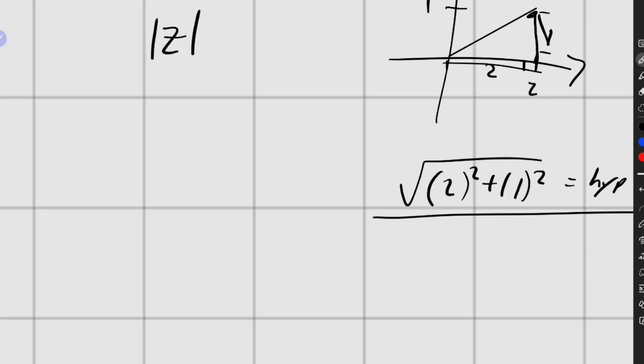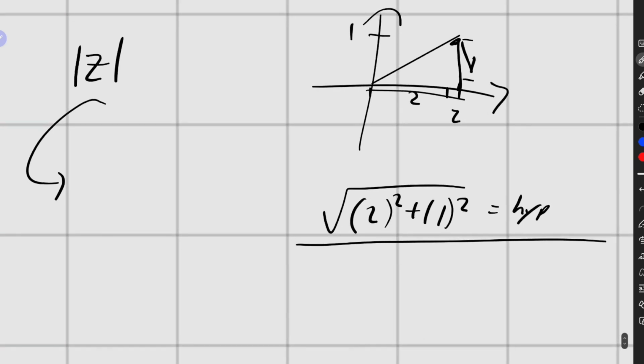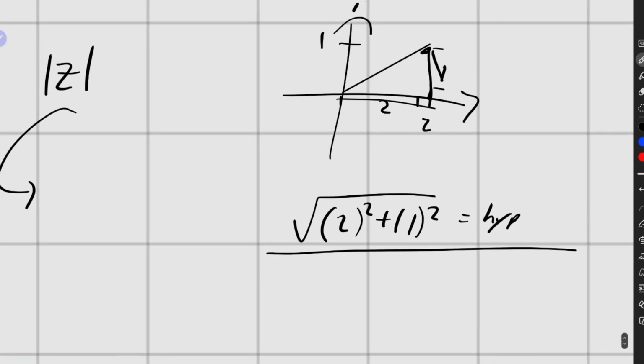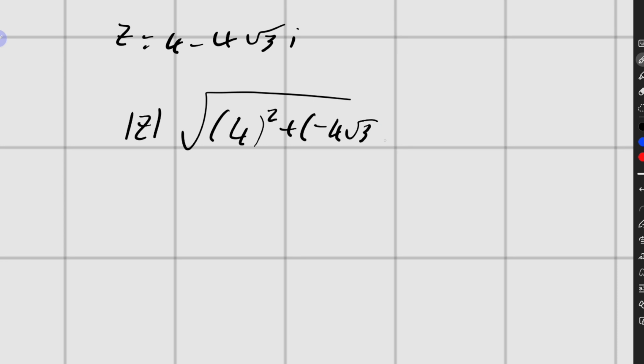So now z is exactly the same. You take the two components, your imaginary and your real part, and for z equals 4 minus 4 root 3 i, the modulus, your hypotenuse, is going to equal the square root of 4 squared plus minus 4 root 3 squared. And that is your modulus of z.